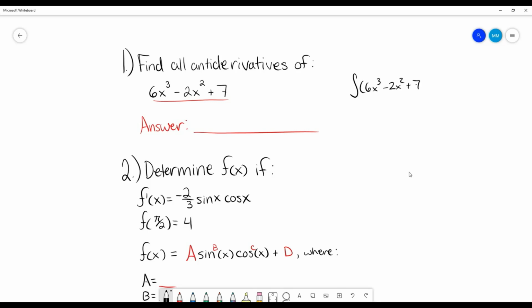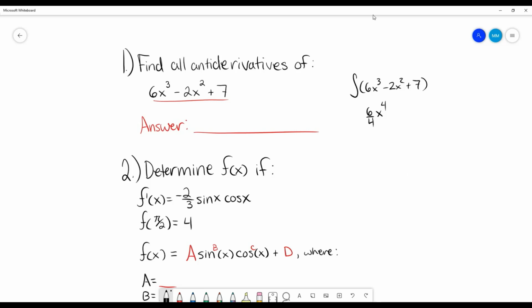this right here, well, I know that when I take the derivative of a term like this, I subtract 1 from the exponent. So I'm going to add that back on. And I also normally put that exponent in front to multiply, and the opposite of multiplication is division. So I'm going to have my 6, and now it's divided by that right there.